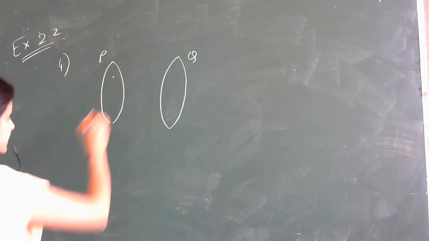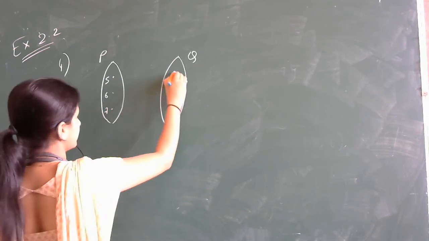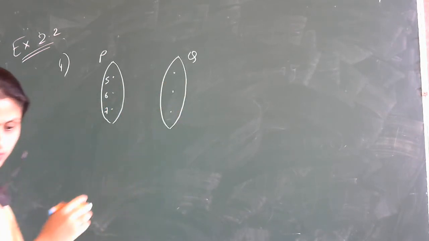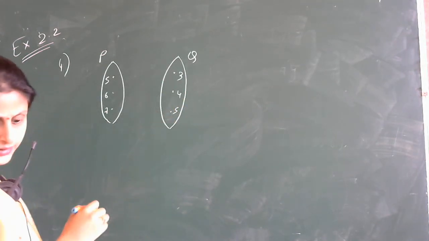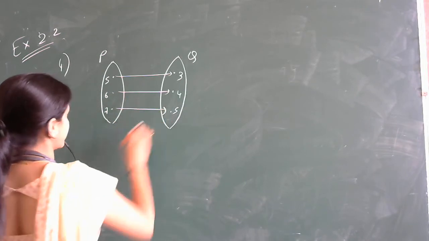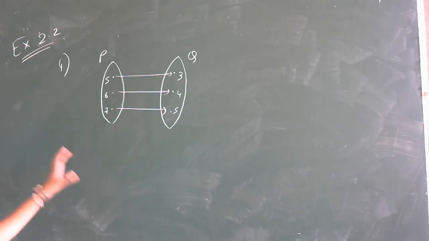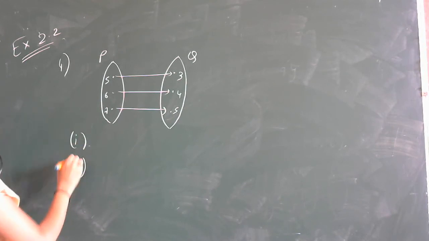First 5, 6, 7. Here also we have 3 elements, that is 3, 4, 5. Now we have to write this relation first in set builder form and then in roster form.